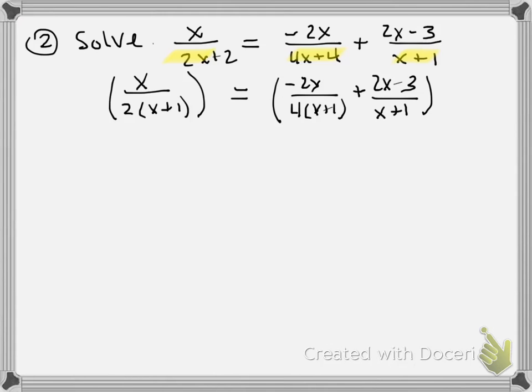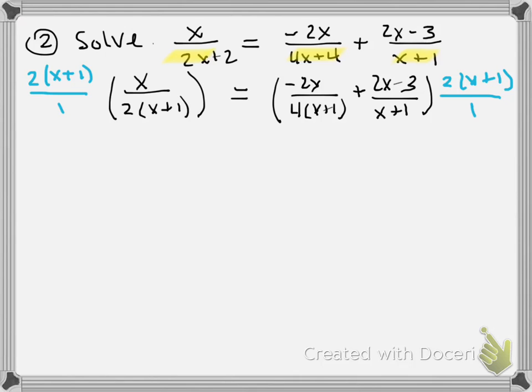Okay, so now the question I'm asking myself is, what can I multiply both sides of this equation by in order to cancel out my denominators? On the left, that's an easy answer. I have to multiply by 2 times (x plus 1). So I know I'm going to have to at least multiply by 2 times (x plus 1).